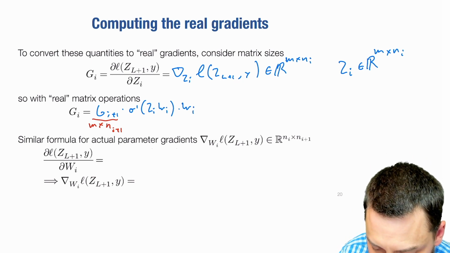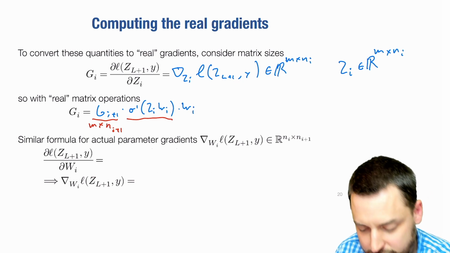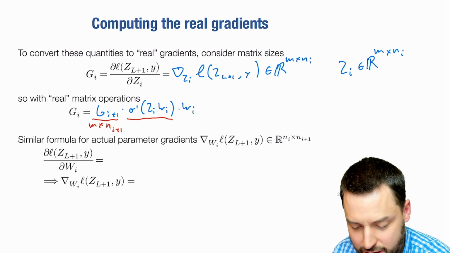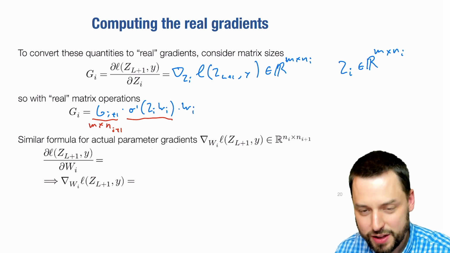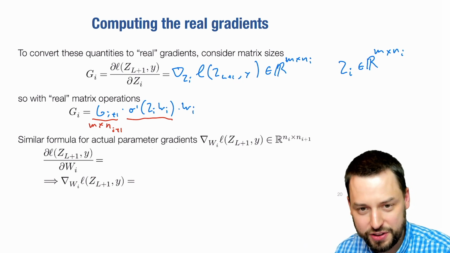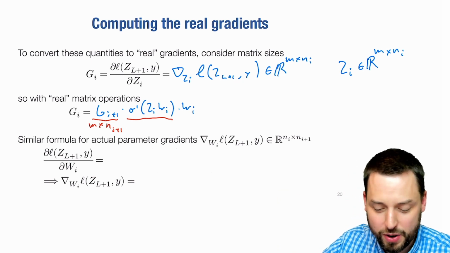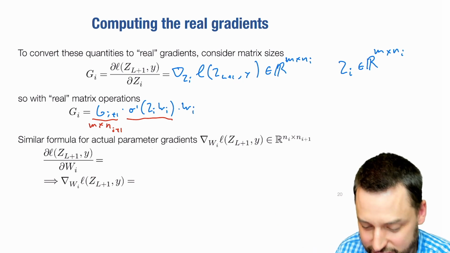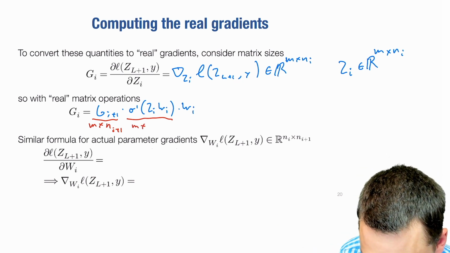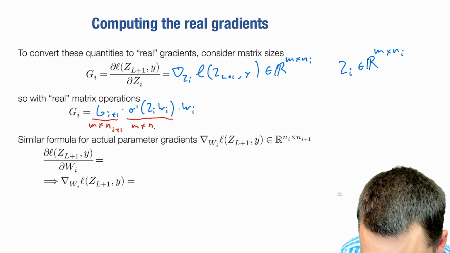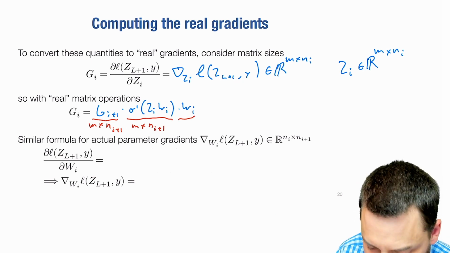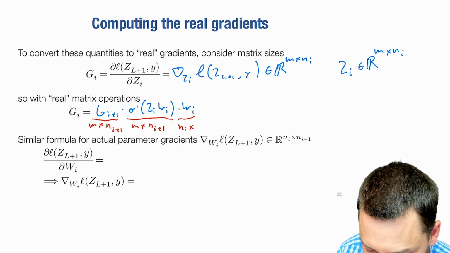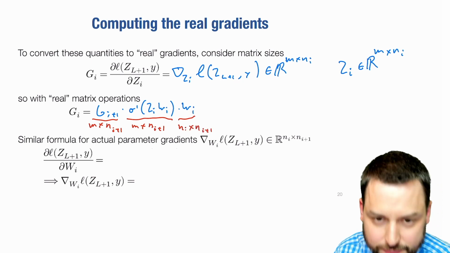The size of sigma prime of Z_i W_i is actually the same thing, because the size of Z_i after we apply W_i is m by n_{i+1}. And this last one here, W_i, is just n_i by n_{i+1}.